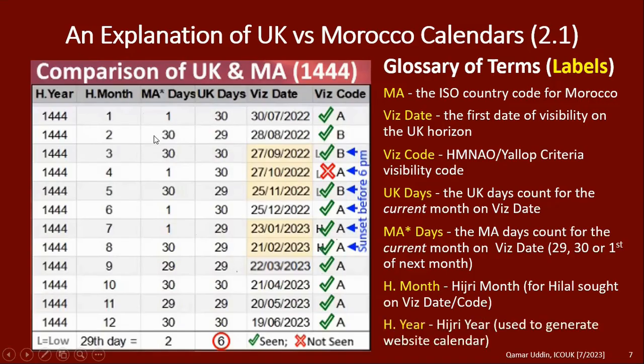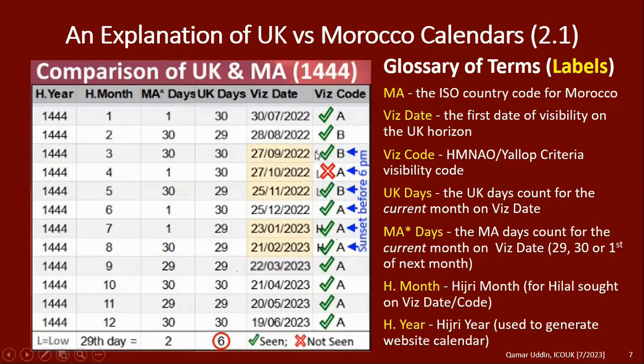And Hijri year, for each line we need to be consistent and not get mixed up about which year it is in, especially at the end of one year and the beginning of the next. So this is used in our database for the website to generate the calendar. So this is the explanation of the labels used on the comparison table.